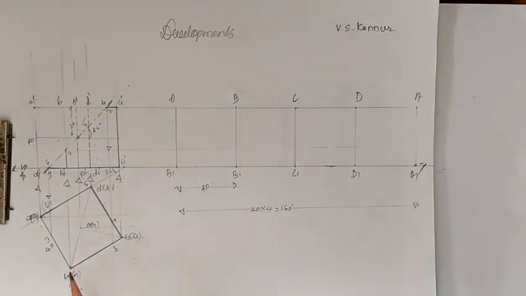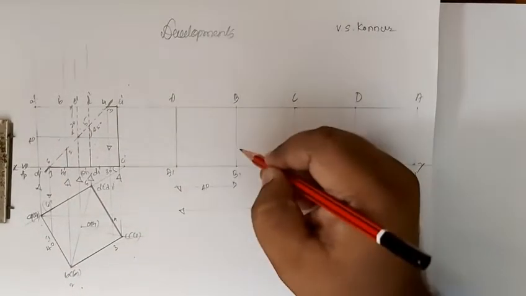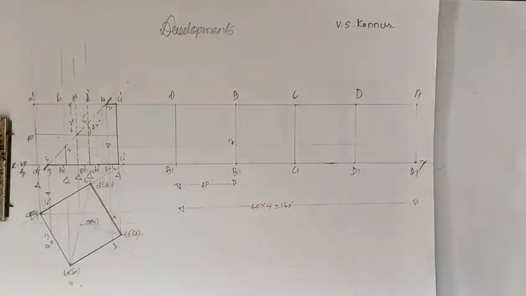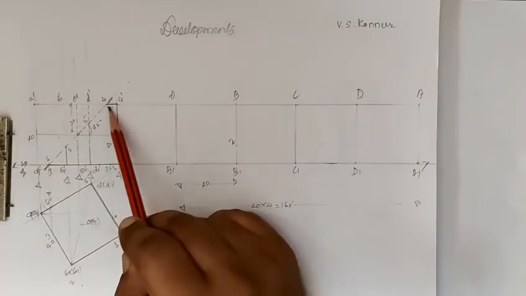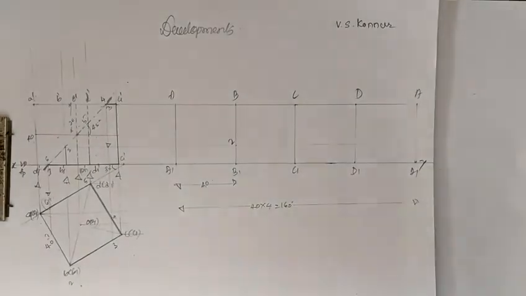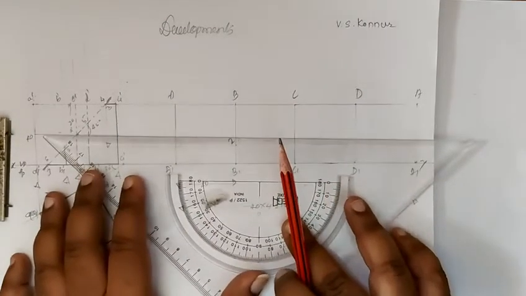So the second point is on BB1. So here we'll get the second point. Later on we'll go for the first, which is on the vertical lines. I'm drawing a line. Next, the third point is also on the top face, the fourth is also on top, and the fifth point on DD1 we will draw a horizontal line.